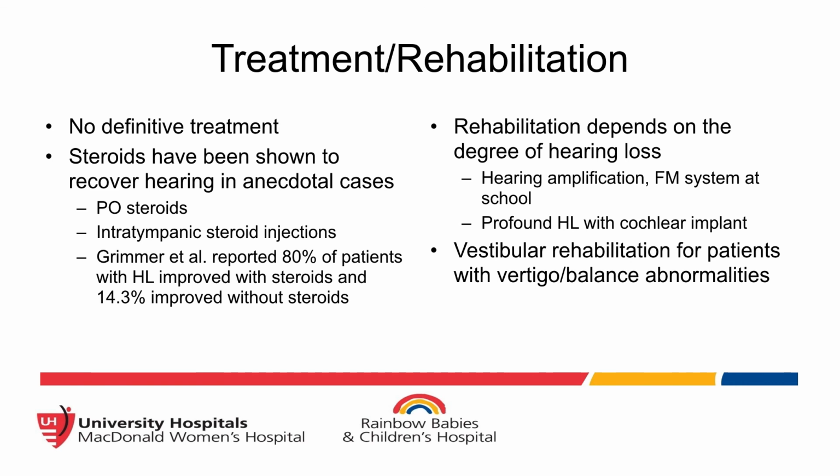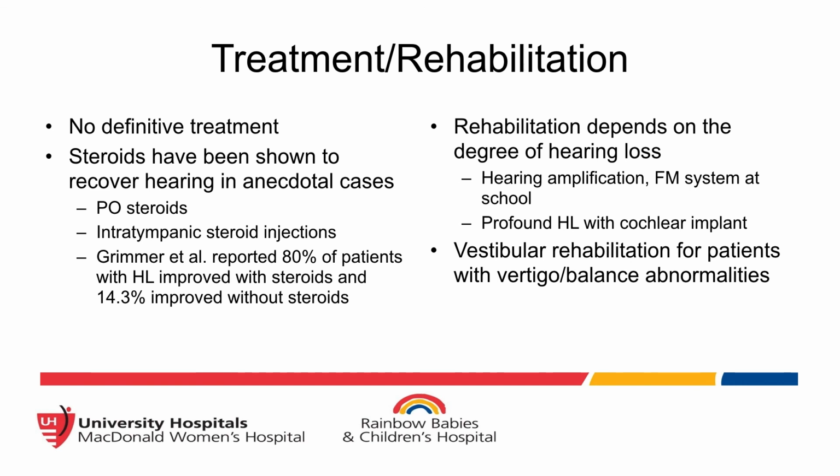Rehabilitation depends on the degree of hearing loss. As we said, hearing amplification is key, either hearing aids and specifically an FM system, making sure that the school has the resources that they need to support the patient with regard to their hearing amplification needs.